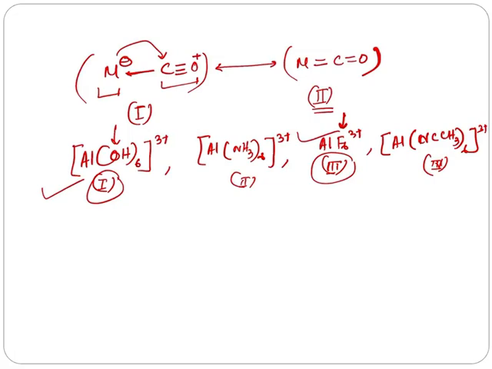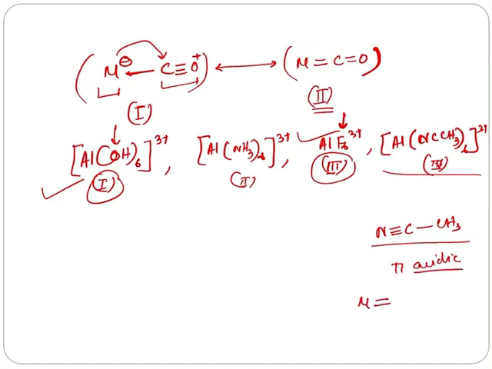Now the cyano complex is very much pi acidic in nature. That means it is very sensitive to forming pi back bonding with the metal.